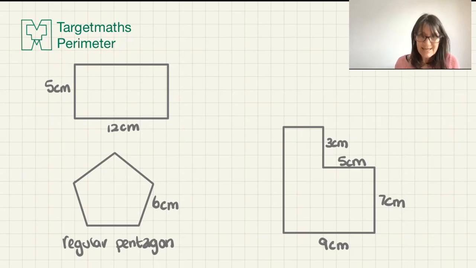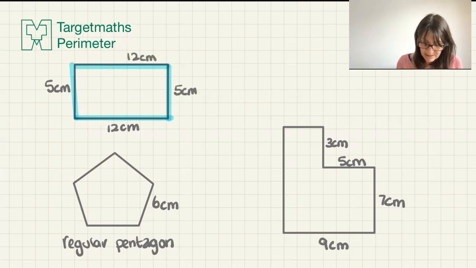So if we're adding every single edge up, then we are adding that and that and that and that. So the first most sensible thing to do would be to label up those missing sides. That must be 5 centimeters and that must be 12 centimeters. So the answer to this one, the perimeter, is going to equal 12 plus 5 plus 12 plus 5.